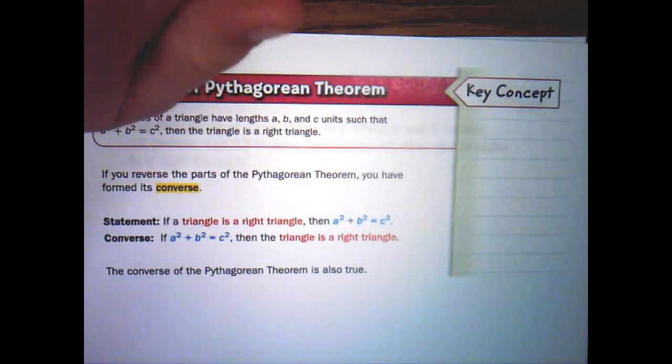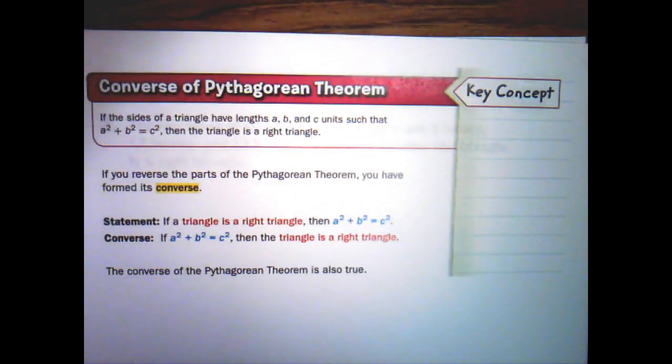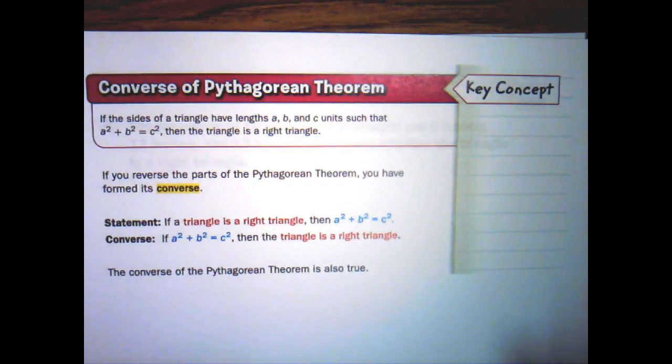So it's kind of the same concept, except we're doing something different with the information. Now, instead of trying to solve for different sides of the triangle, we're going to see if the triangle is a right triangle. So it's something that we can use to prove that a triangle is a right triangle. A converse is essentially you take the two parts of an if-then statement and you flip them around.